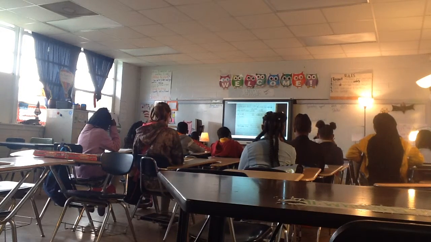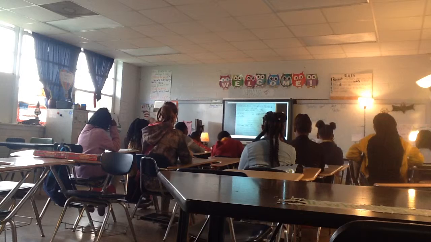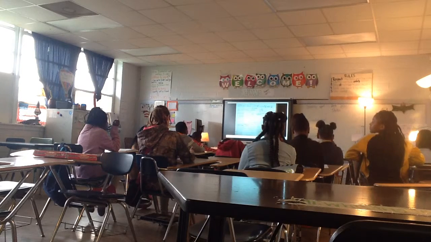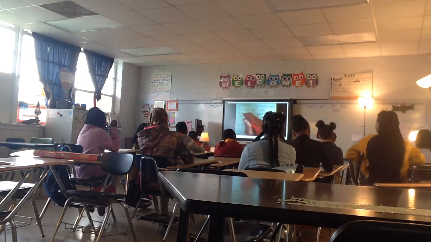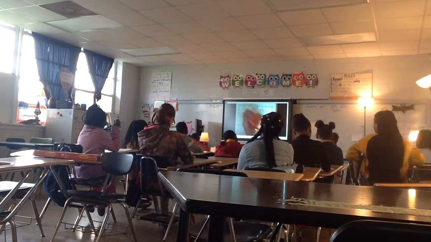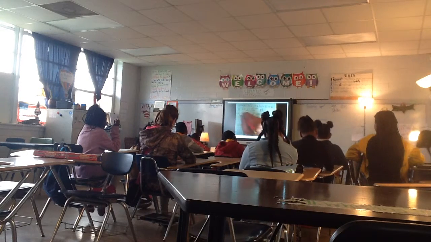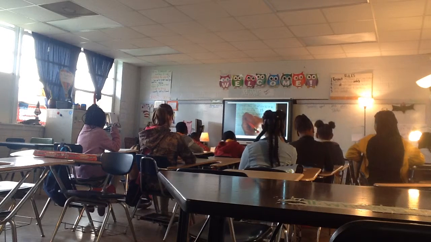You want to help me with number 3? 534 times 67. Okay. All right, I'll tell you what, let's do this as a collective. So, 7 times 4, 28. Put our 8 down, carry our 2. 7 times 3 is 21 plus 2, 23.